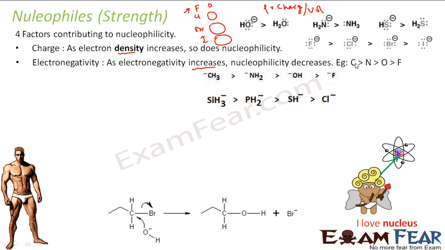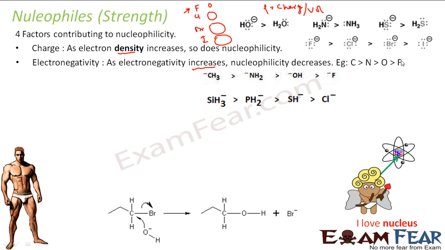For example, fluorine is the most electronegative here. So fluorine wants to get electrons, fluorine won't give electrons. Carbon is the least electronegative, right? So carbon is okay to give electrons.